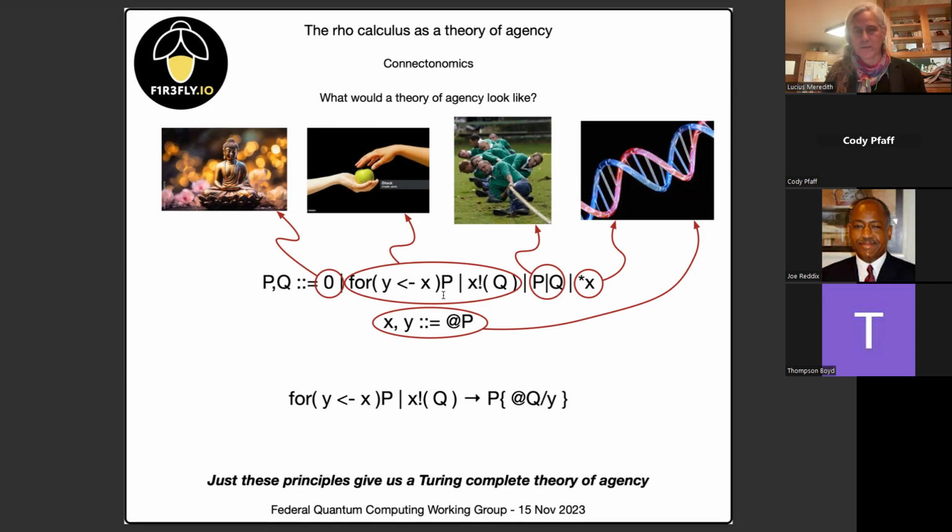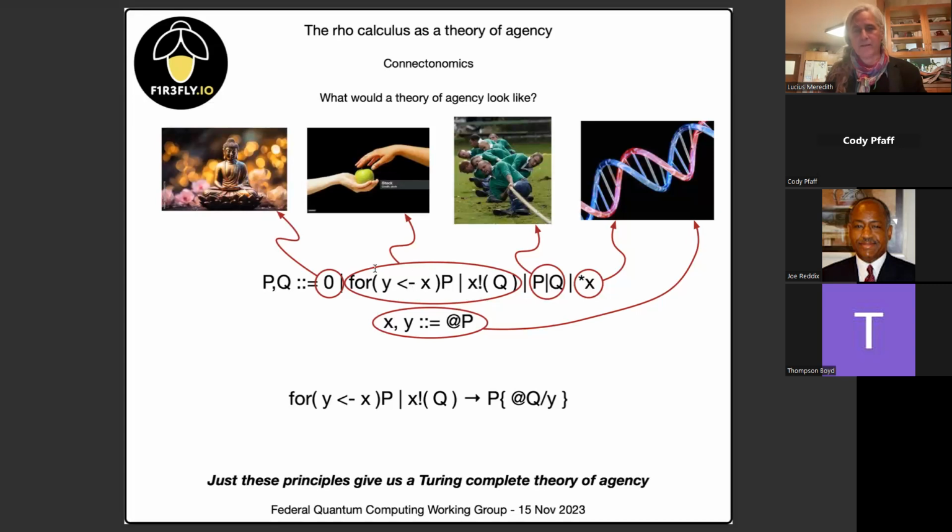I should note that the vertical bar, when there's space, means alternatives, or. And when there's no space, it's parallel composition. I apologize for that notational collision. That's the way it's done in the literature, and if I changed the notation, then when you went back to the literature, you'd be a little confused. But anyway, there's the process that does nothing.